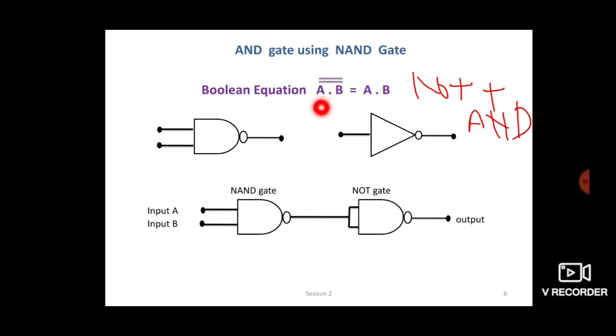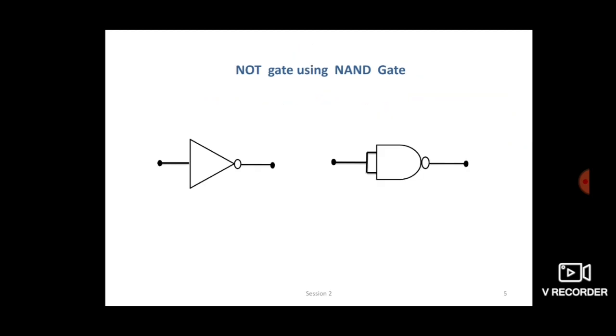Now, NAND gate is NOT plus AND. Now see here, NOT gate and AND gate. This is a NAND gate, but this is a NOT gate. For the NOT gate, this is a new construction.